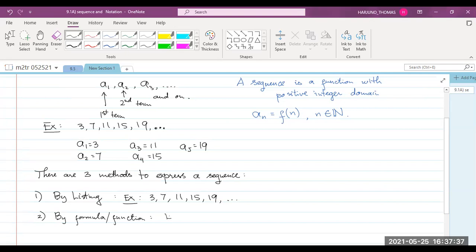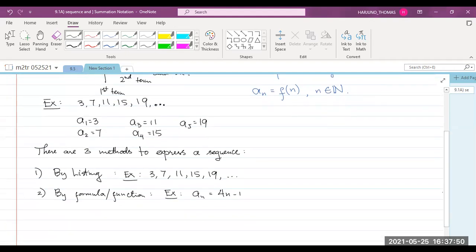For example, a sub n equals 4n minus 1. So I give the formula a sub n is 4n minus 1. So the first term will be 4 times 1 minus 1. Now you see why we call that functional notation?